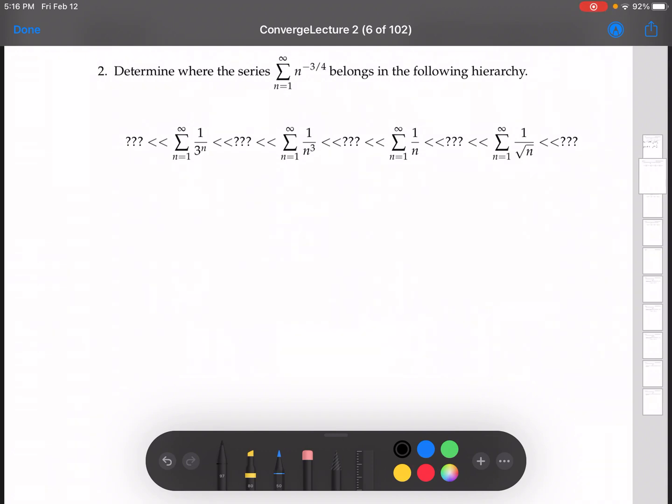Here we're playing the same game as the last video. And the thing to notice here is that this n to the negative 3/4 is 1 over n to the 3/4.